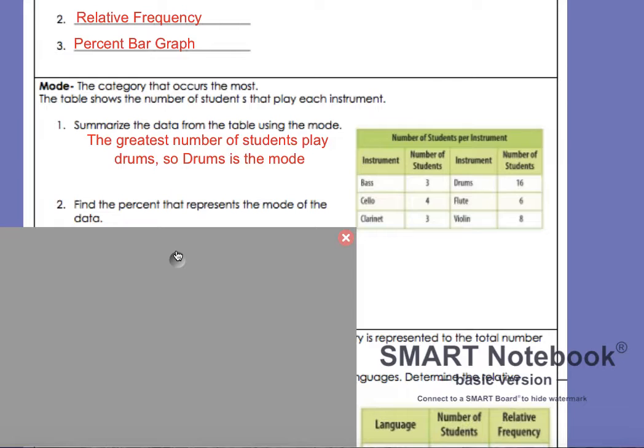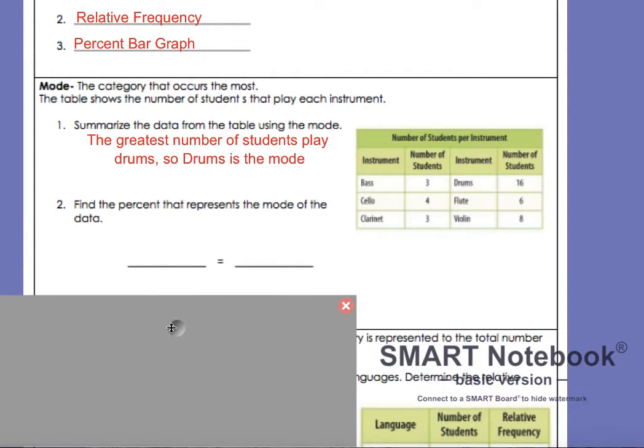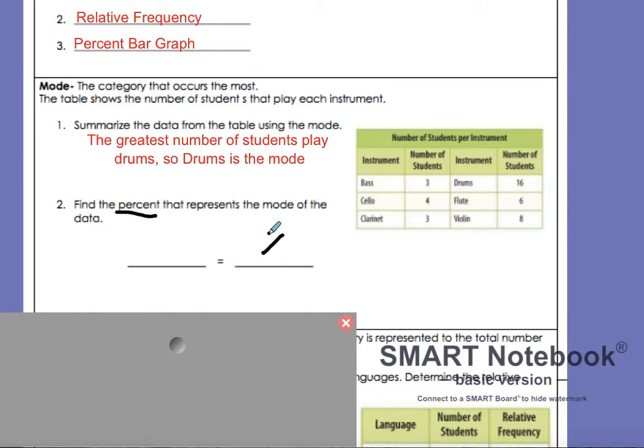Our second question says to find the percent that represents the mode of the data. So when we do that, we can set up a proportion. Remember that it's part over whole equals percent over 100, and we are finding the percent, so we don't know what's going to go up here, but we know that the percent is always over 100.